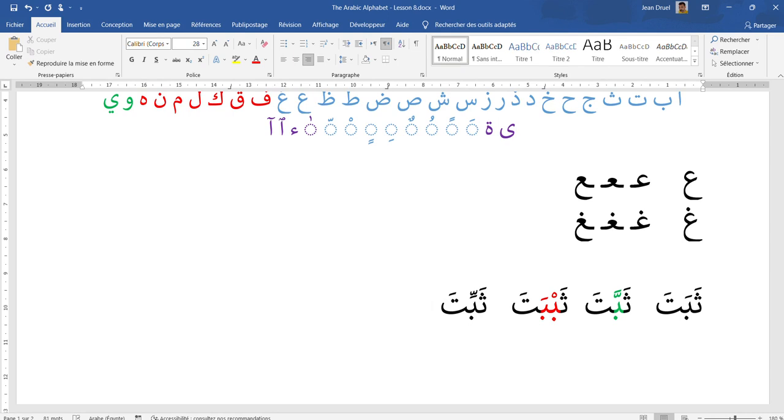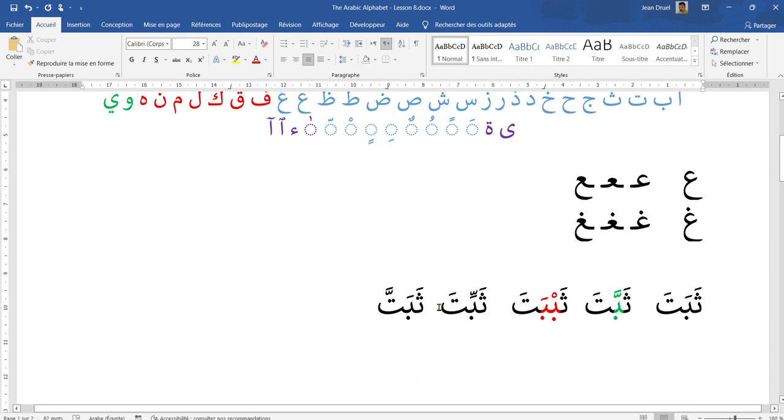One last thing. I said you cannot have the shadda in the beginning on the first consonant, but you can have it in the middle, or you can have it in the end. I could write something like sabatta.